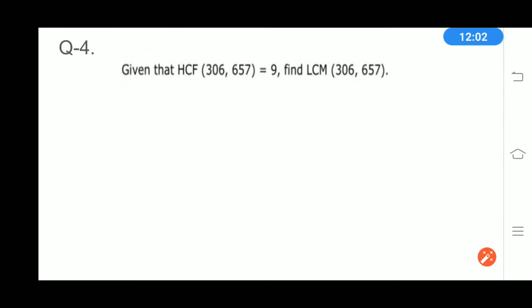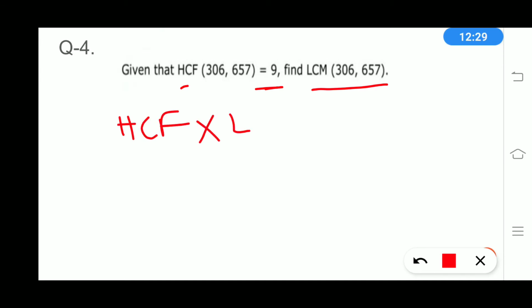Given that the HCF of 306 and 657 is 9, find the LCM of 306 and 657. So here the HCF of two numbers is known, so find the LCM of the same two numbers. Okay, so we use the formula HCF into LCM equals the product of the two numbers, that means 306 and 657.